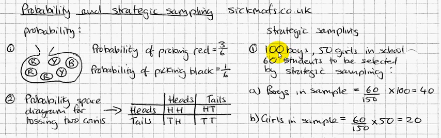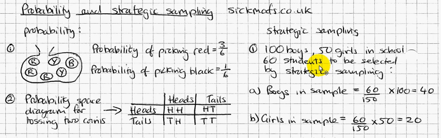So what we often do is take a survey of a smaller group of people, but we try to make that smaller group of people representative of the larger group. So in this case I've got 100 boys and 50 girls, so that means there's twice the number of boys as there are girls in this school. So the same should be true for my sample of 60 students.